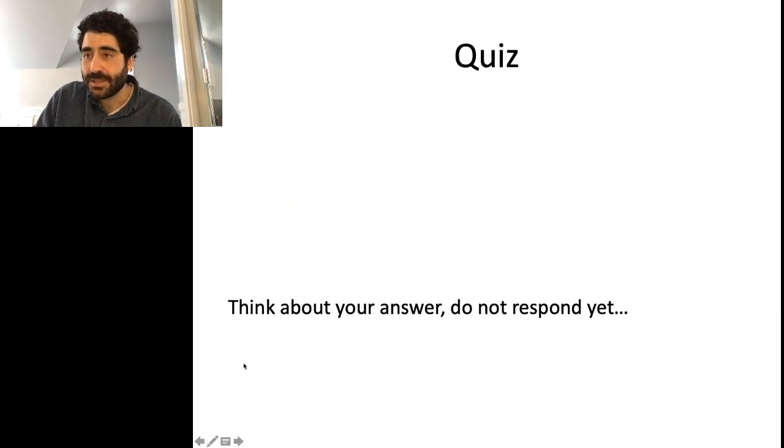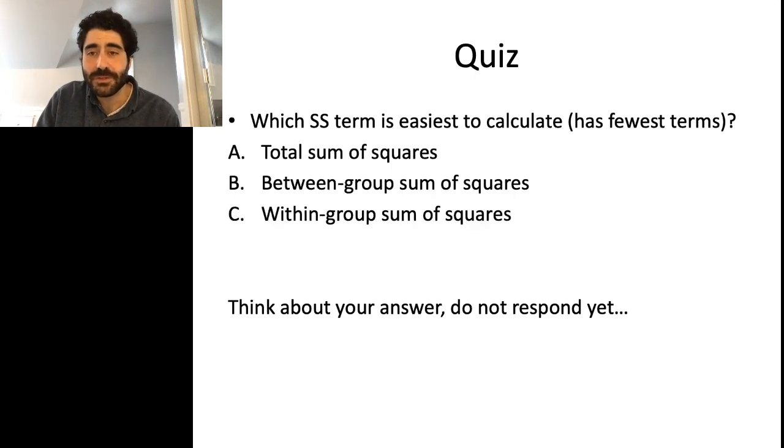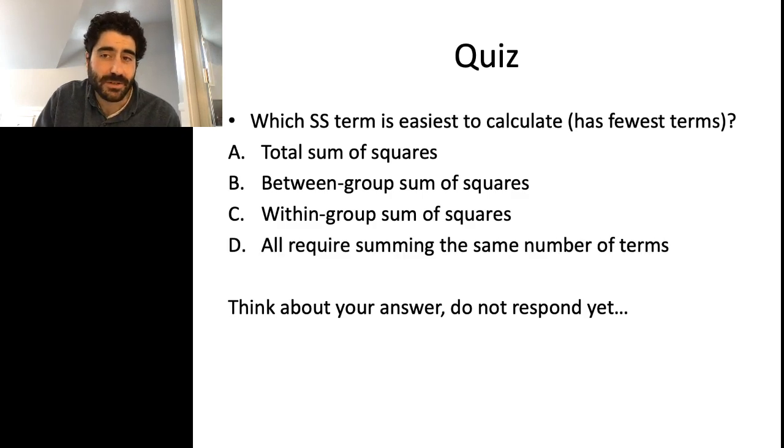Okay, I'll do another quiz here. When we're computing these sum of squares terms, which one is the easiest to calculate, meaning it has the fewest terms in the summation that we have to compute? The total sum of squares, between group, within group, or they're all equally hard?